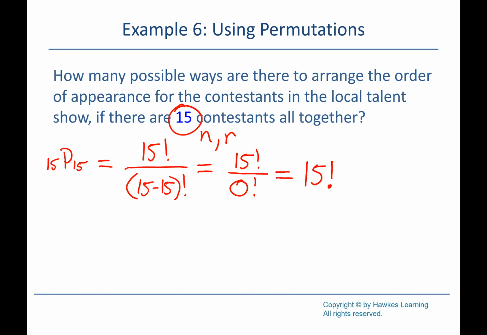And this is a really big number. Let me give you this one. That number is 1,307,674,368,000 different ways we could choose 15 out of 15 people.